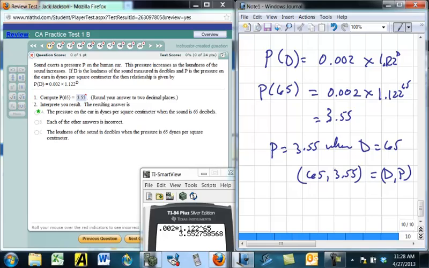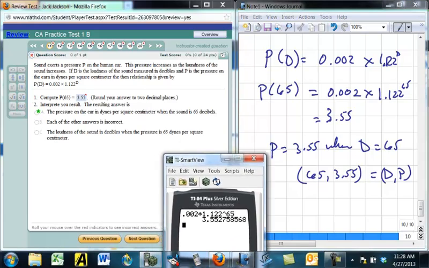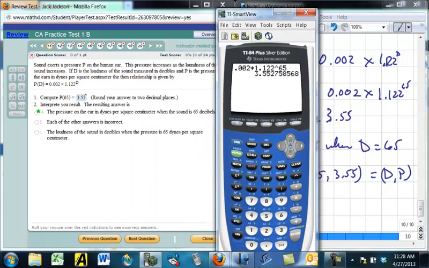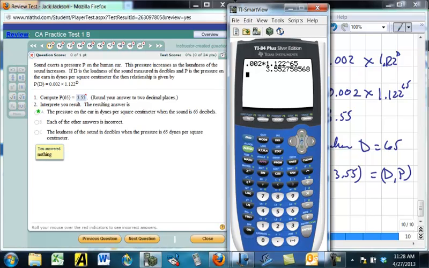So 65 is the decibels and 3.55 is the pressure. So what 3.55 means is the pressure on the ear in dynes per square centimeter when the sound is 65 decibels. A. C is backwards.